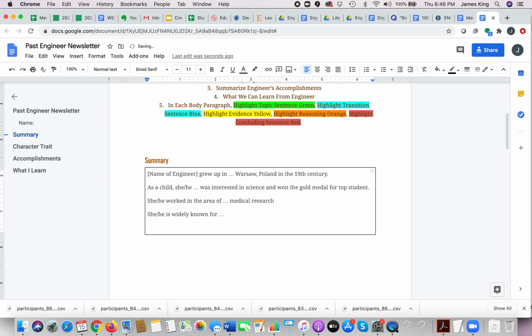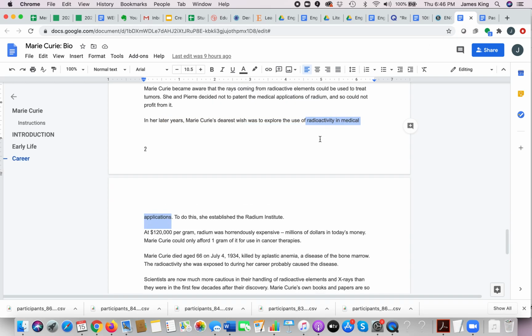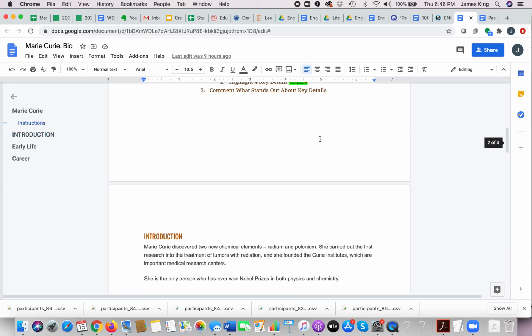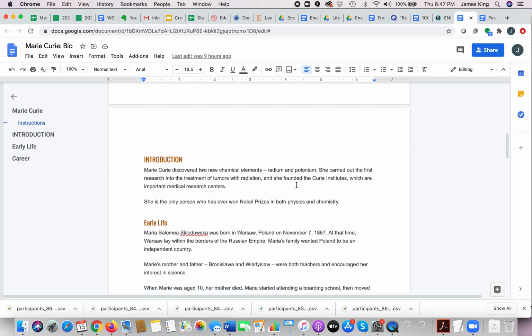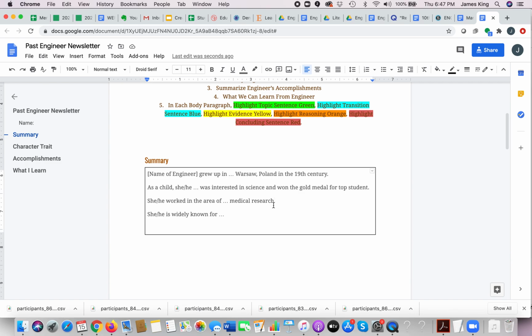She worked in the area of medical research. You could also put that she worked in the area of physics and chemistry, because that's also true. She won the Nobel Prizes in physics and chemistry. Right, chemistry because she discovered two elements.